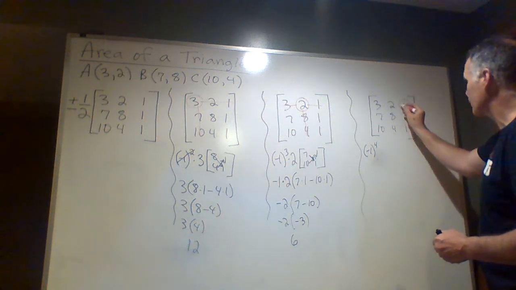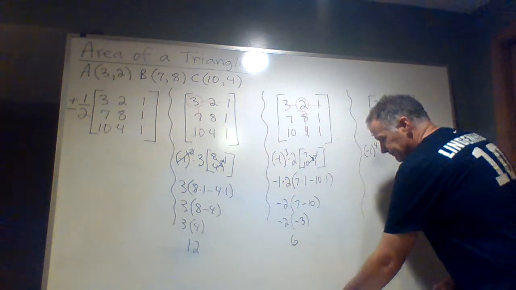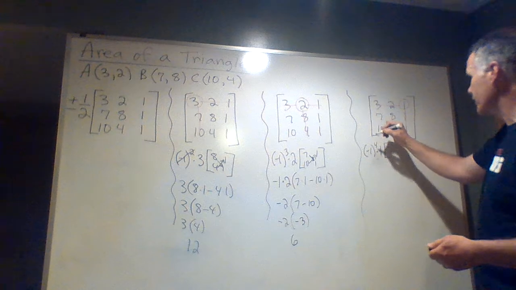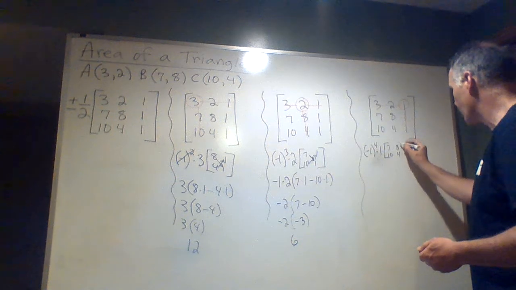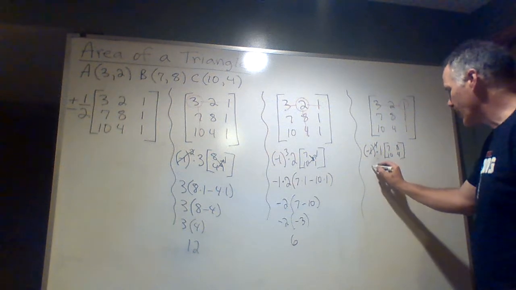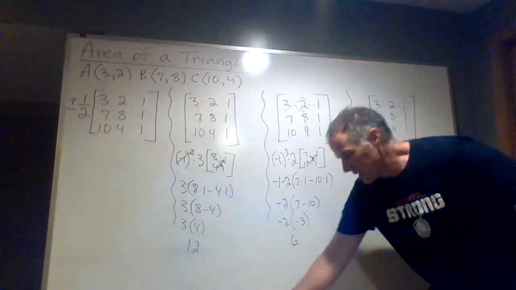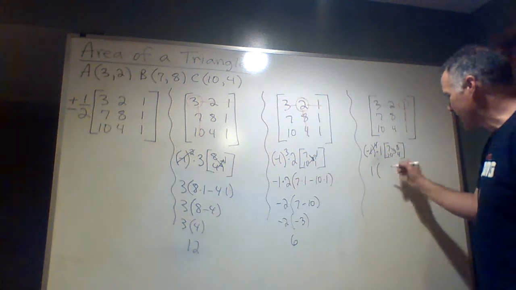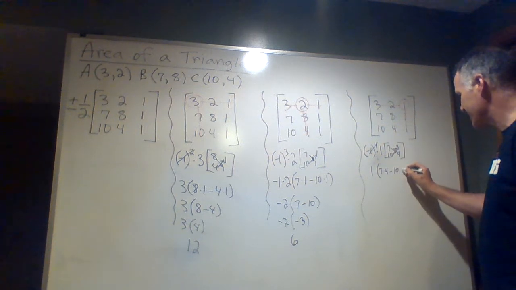Now remember, we need to circle the 1. So we've got a 1 here. The determinant is going to be 7, 8, 10, 4. Now again, the negative 1 to an even power goes away. That 1 in front really doesn't do anything. Do our cross multiply. 7 times 4. You can shortcut. I want to show all the steps, but I was going to write 28, but let's go ahead and write 7 times 4 minus 10 times 8.